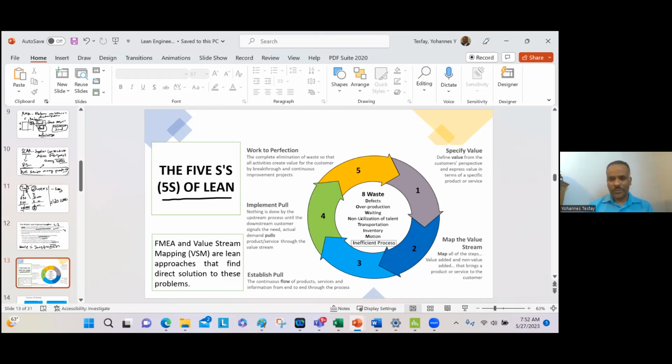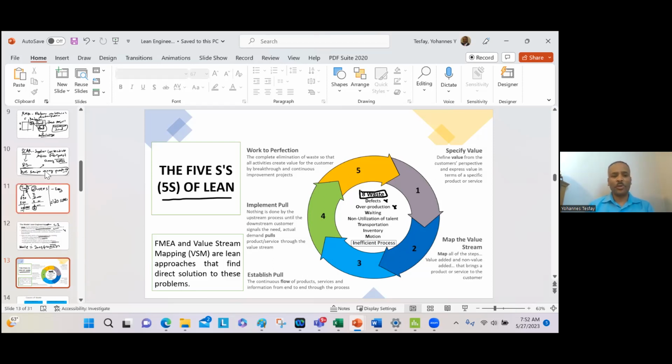So first, what are the wastes, like the 8 wastes that are identified in lean engineering? One is defects. These go to what? Scrap, rework, and other things. Overproduction. Okay, overproduction. We're going to look at each.